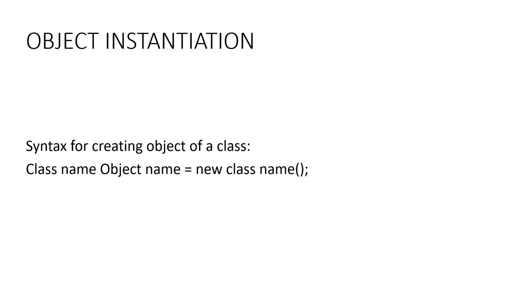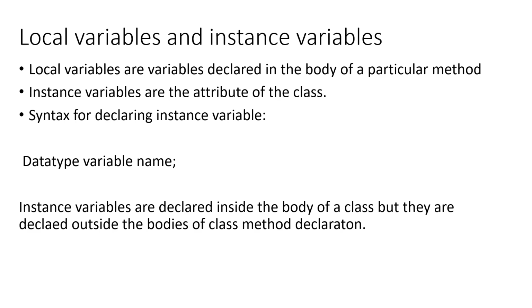Now let's go to local variables and instance variables. What do we mean by a local variable? What do we mean by instance variables? Local variables are variables that are declared in the body of a particular method.